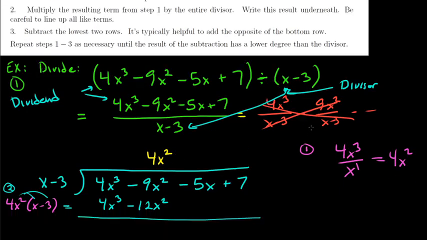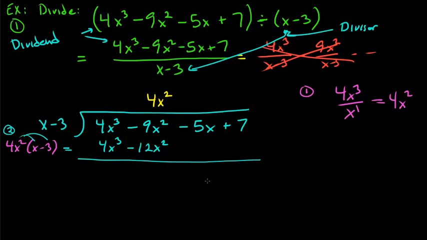Step 3. Now this is the hard part. We have to subtract the lowest two rows. We're going to subtract this from this. And that might look pretty easy here. After all, 4x cubed minus 4x cubed is 0. But what's negative 9x squared minus negative 12x squared?